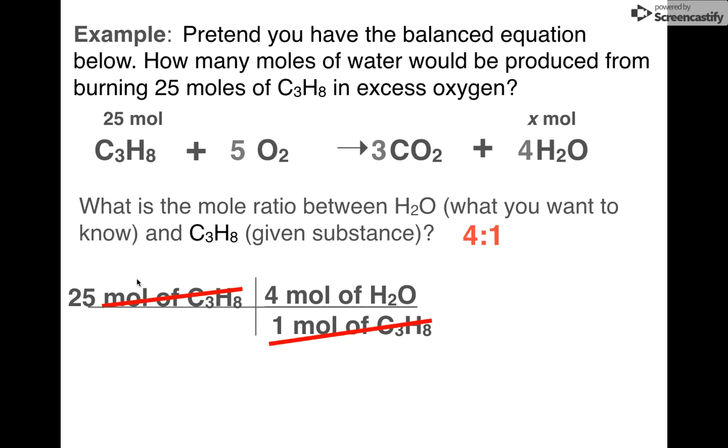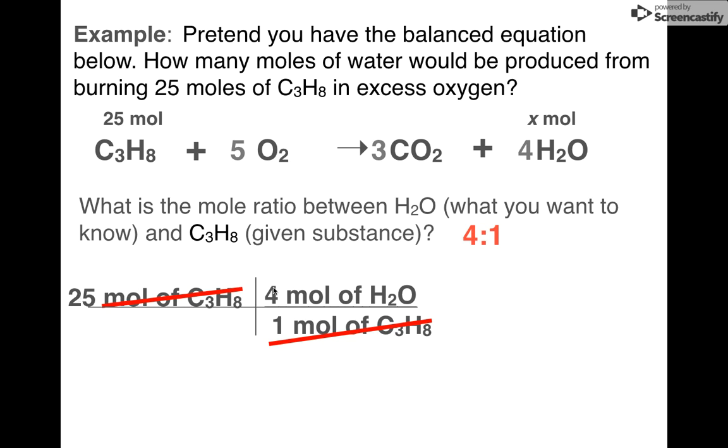Not just moles, but moles of, and then the substance that I wrote it over. Notice again, same thing here. I'm writing it so that I have 4 moles of water, 1 mole of C3H8. If you don't include the substances, when we do the harder conversions, you're going to get totally and completely lost. And until you can prove to me that you know what you're doing, you got to follow the directions, okay?